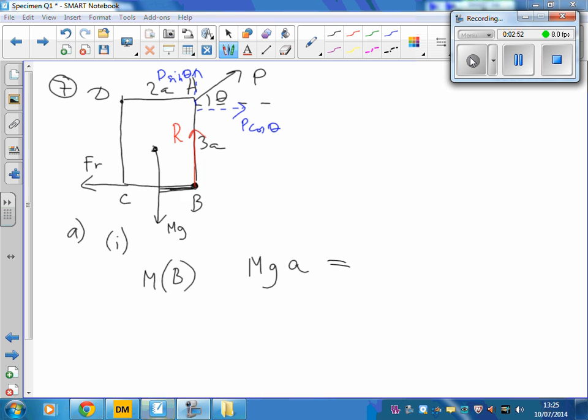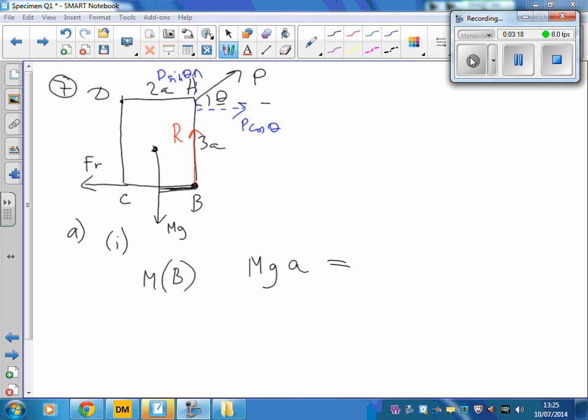What's the benefit of doing this? Once we've done this, you can see that P sine theta doesn't provide any moment at all because its line of action goes through B as well. So the only component of P which provides a clockwise moment is P cos theta.